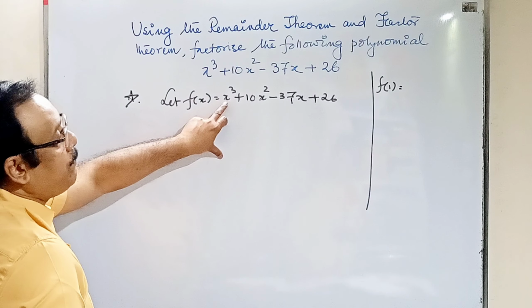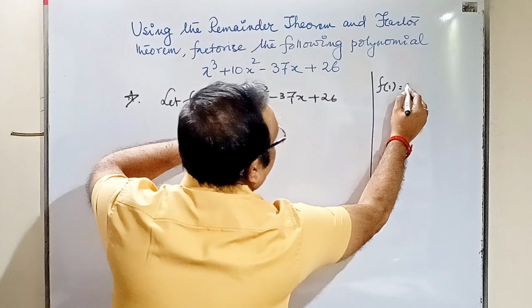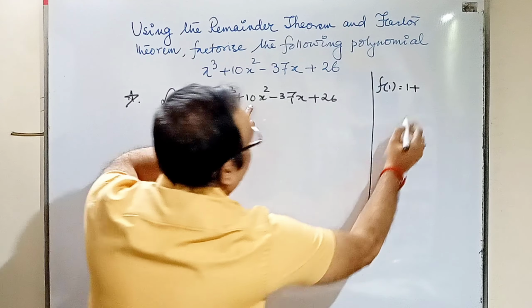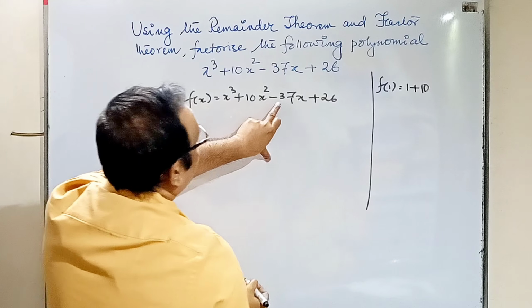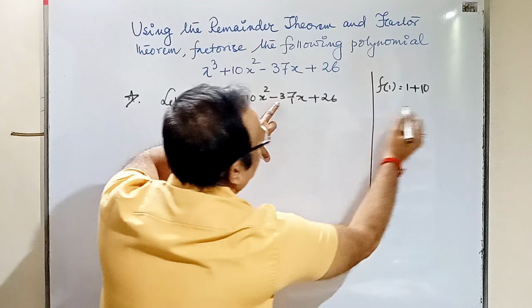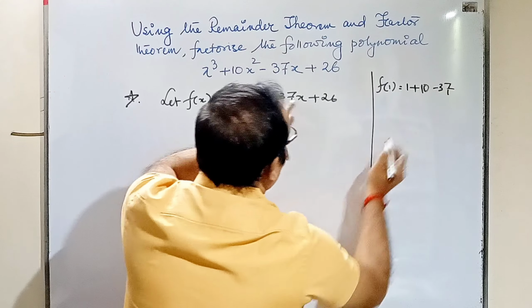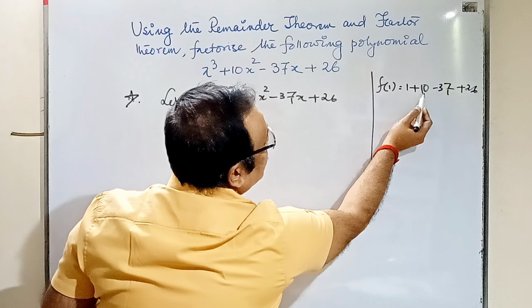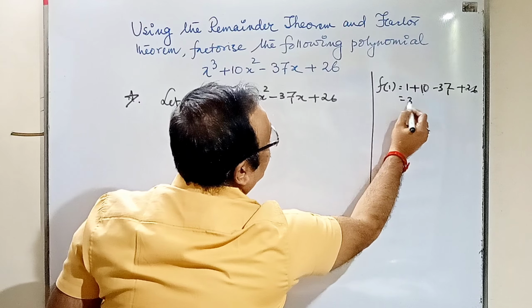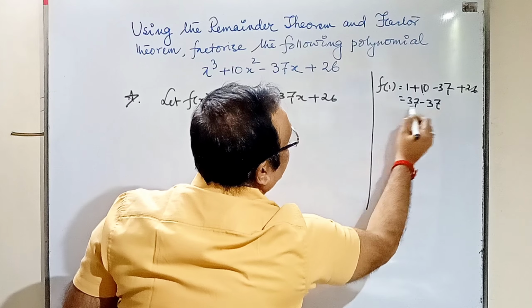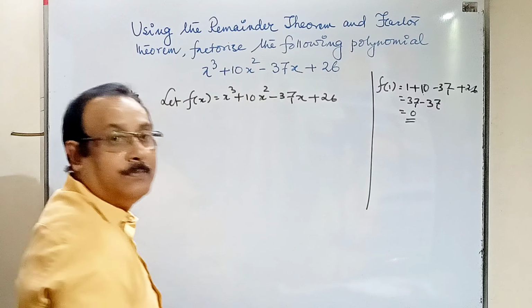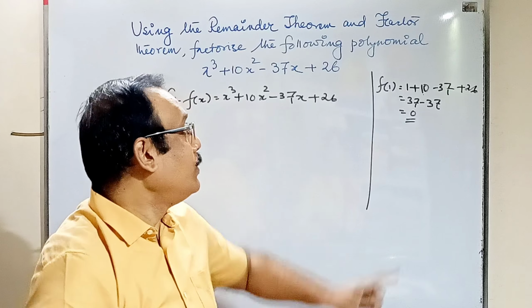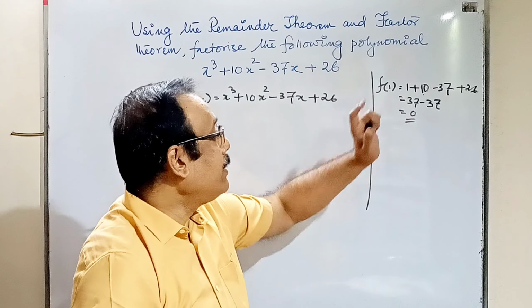If I put 1 in place of x, 1 cube gives me 1, 10 into 1 square is 10, minus 37 into 1 is minus 37, plus 26. So 26 plus 10 is 36, plus 1 is 37. So 37 minus 37 is equal to 0. I am very lucky that on the very first attempt I got 0. So for 1 we got 0.